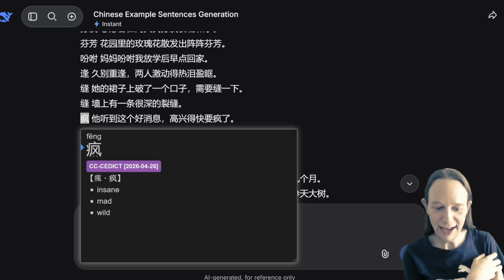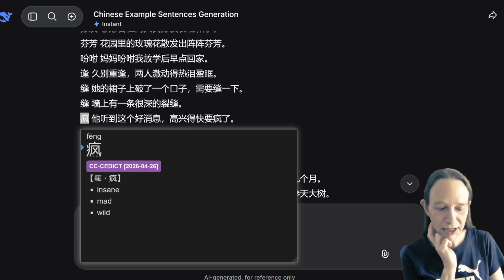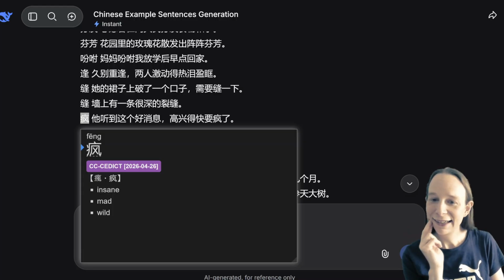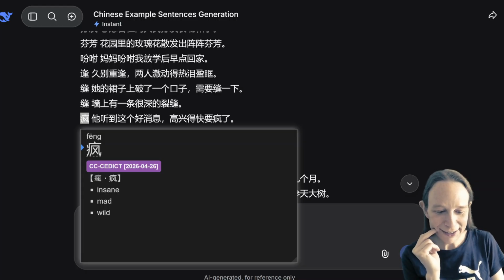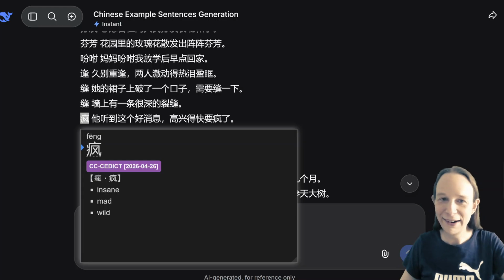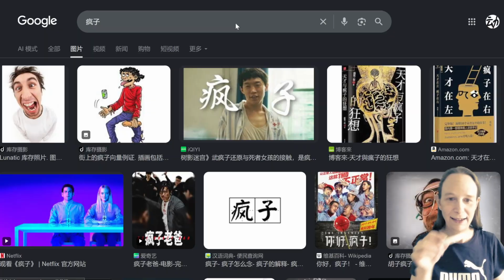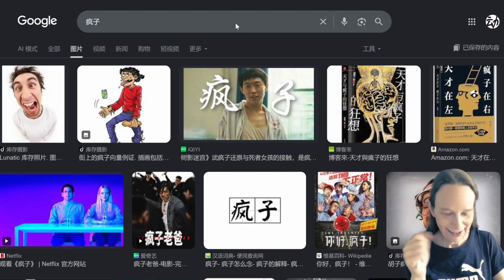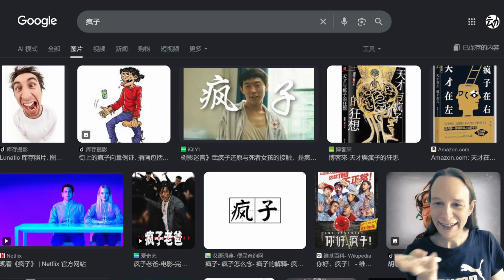So your nerves are mistakenly chaotic or like uncontrolled. 精神失常, you're mentally abnormal. Okay, 疯子. Yeah, 疯子 is a person who's gone crazy, like Homer. Quite often this is used jokingly.